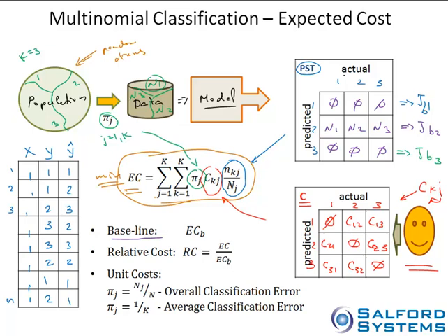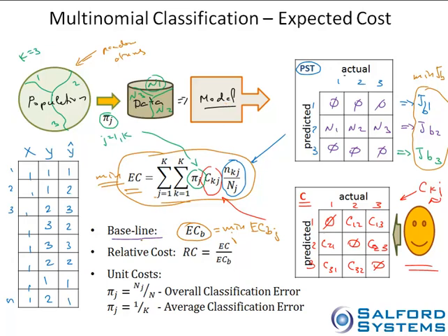I always want to minimize expected costs, so I have 3 alternative baseline models, and I can always take the smallest of these. So the expected cost baseline will be the minimum over j of the expected costs EC_B when everybody is assigned to class j, and that gives me my baseline cost, or the expected cost of the worst case scenario when I'm forced to assign everyone to one specific class.